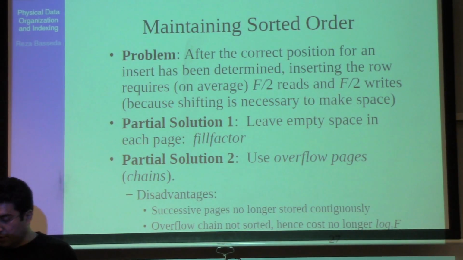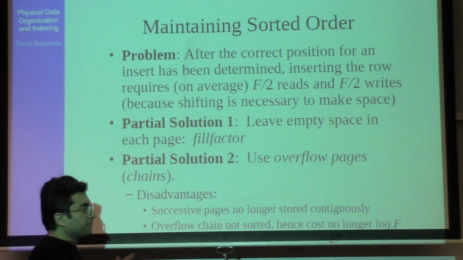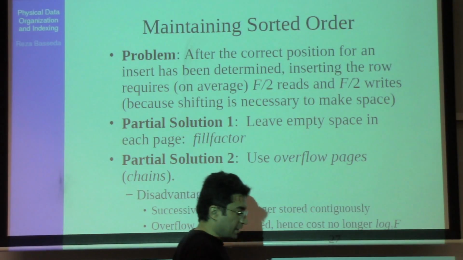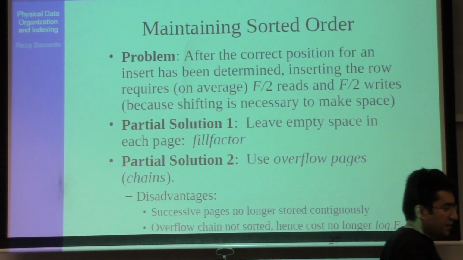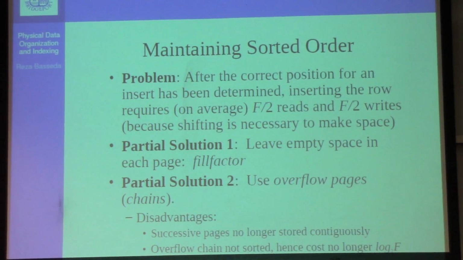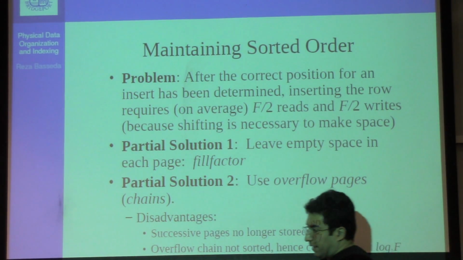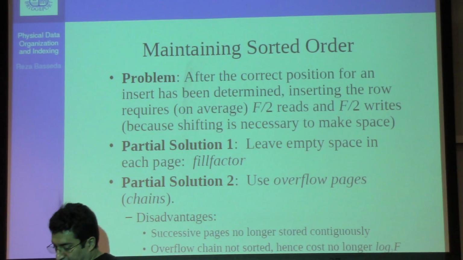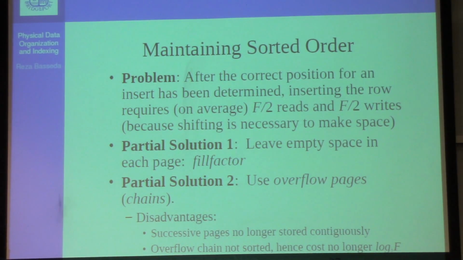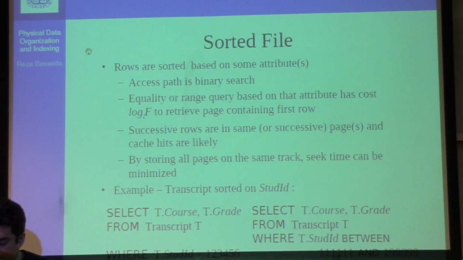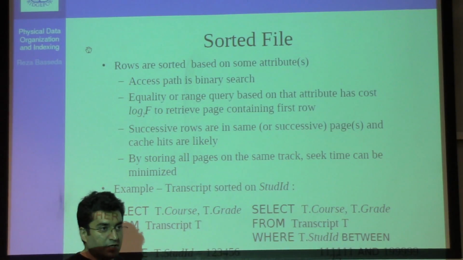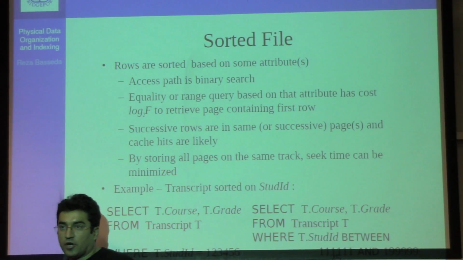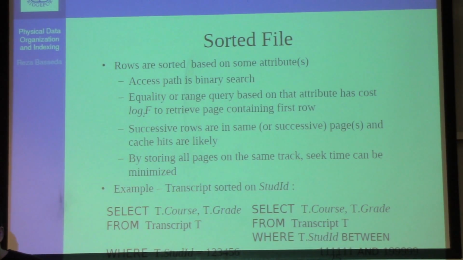The main disadvantage of this is that the records are not sorted anymore, and therefore the cost of searching is not exactly log of f, and also since they are not sorted anymore, the two advantages we had here, minimizing the seek time and minimizing the time for range queries, will not be achieved.